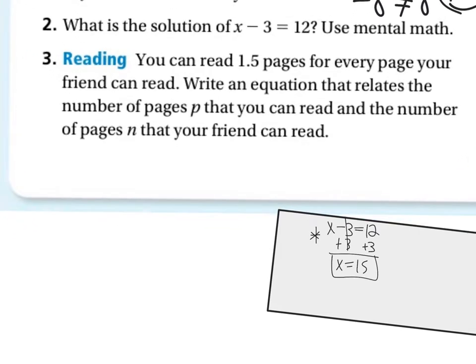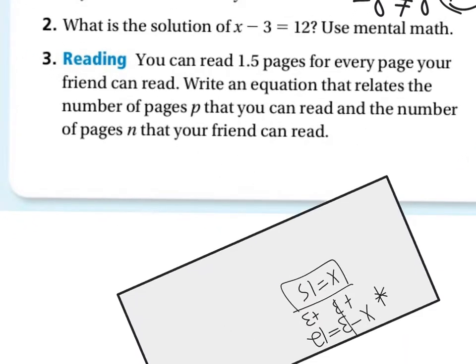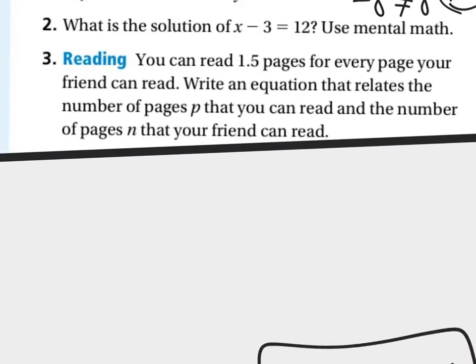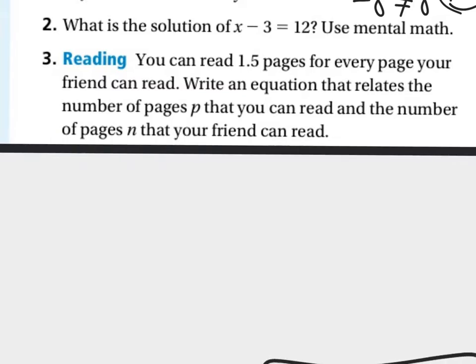If you look at number 3, you can read 1.5 pages for every page your friend can read. Write an equation that relates the number of pages P you can read and the number of pages N that your friend can read.